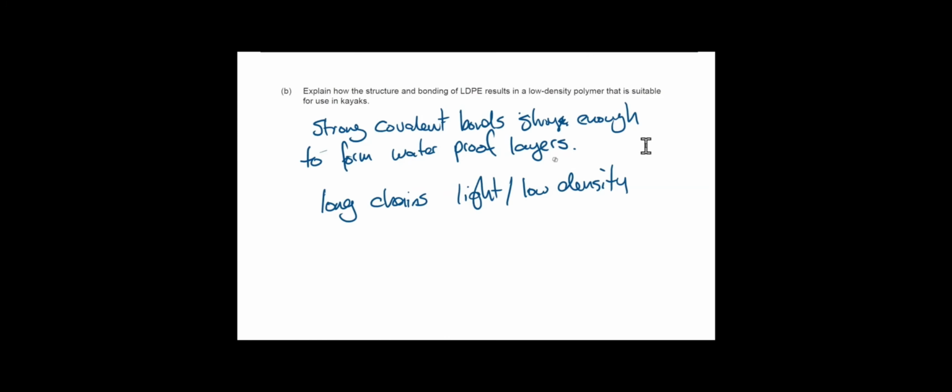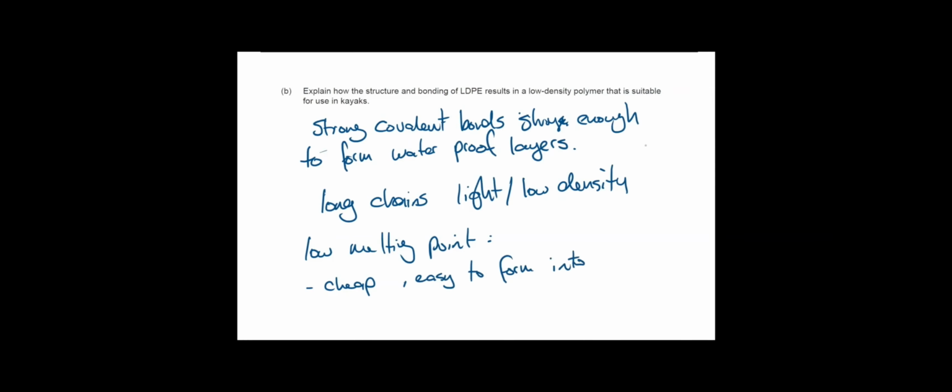So the not so strong covalent bonds give it a reasonably low melting point. So why is that important? Well, it makes it cheap. It's very cheap and easy to make. It's very easy to form into shapes.